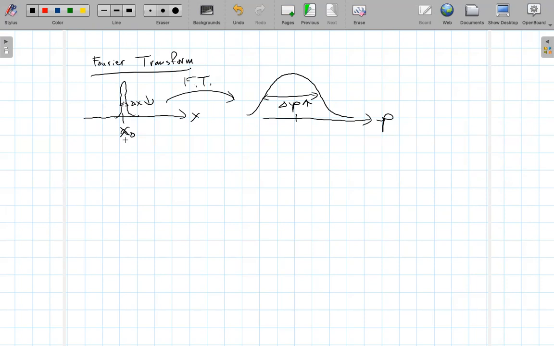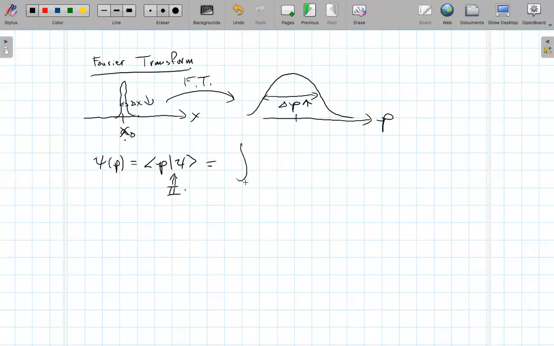Let's find then our momentum representation of our Gaussian wave packet. So in this case, we want to know what is psi of p, which we know is equal to the inner product of p with psi. Now, as we talked about, to turn this from position space into momentum space, last time what we saw is all we're going to do is insert an identity in here, which is a superposition over the position states.